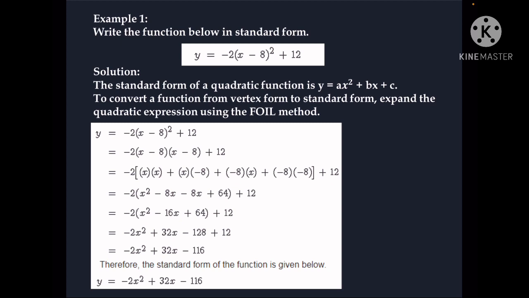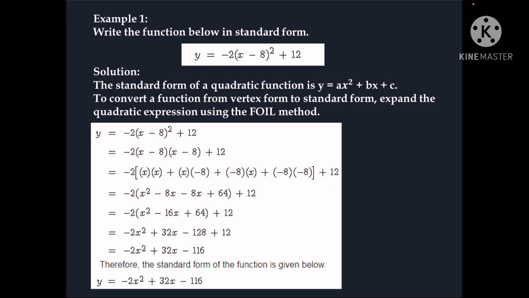For me to convert this function into standard form, I have to expand it by using the FOIL method, which is multiplying the first two terms and the last two terms, and in the middle I will multiply the outers and the inners, which we will see in the following steps.